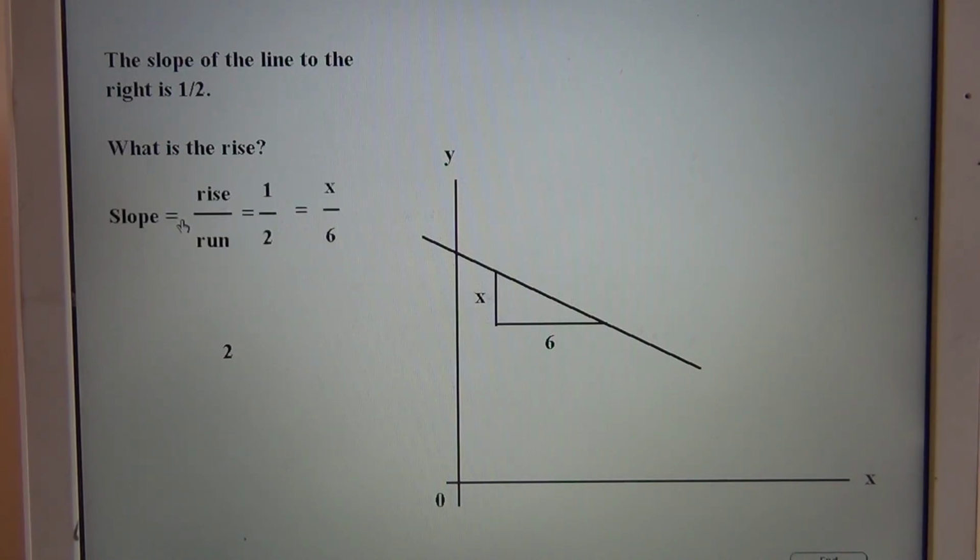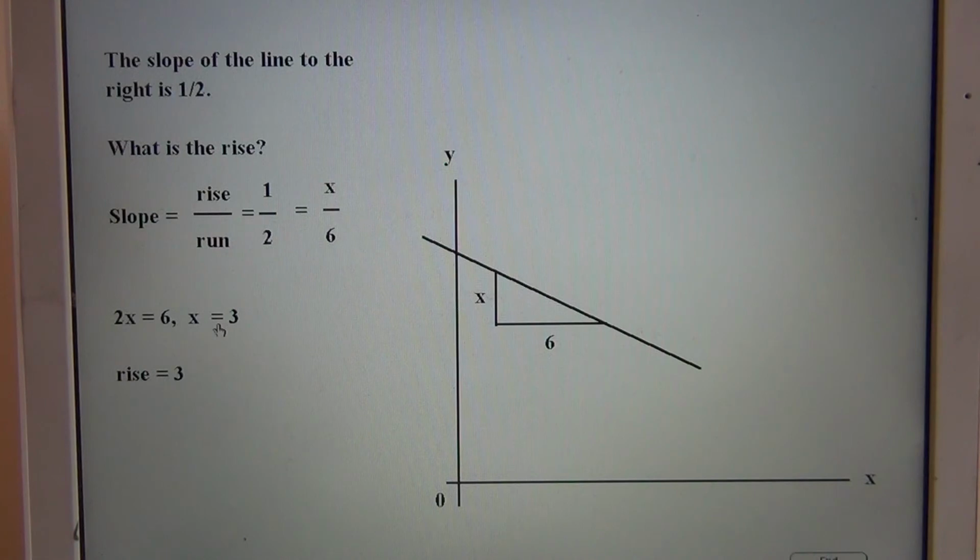Well, we'll set up rise over run. So the initial slope, the rise is 1, the run is 2. And in our new one, what we have to figure out, the rise is x and the run is 6. So now we'll cross multiply. We get 2 times x is equal to 1 times 6. 2 times x is equal to 6.